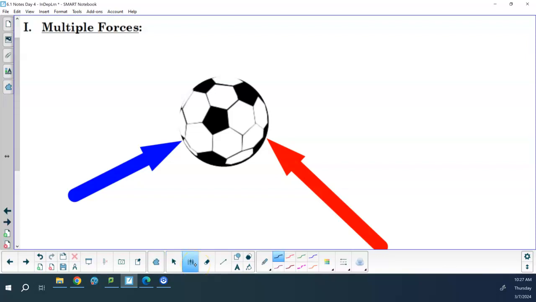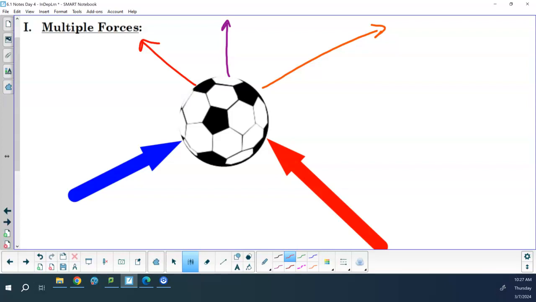If my kick, the blue kick, was more powerful, then the ball is going to go in that direction. If the kicks are equal and they're coming from there, the ball would go in that direction. And if the red arrow is more forceful, then the ball is going to go in that direction. Okay?